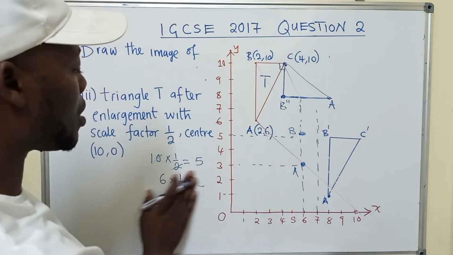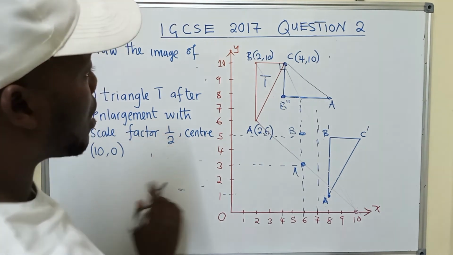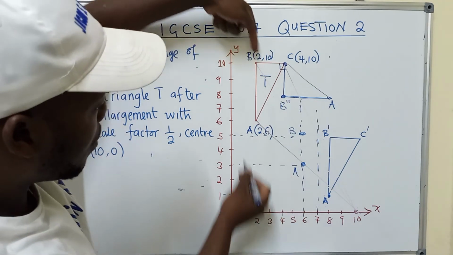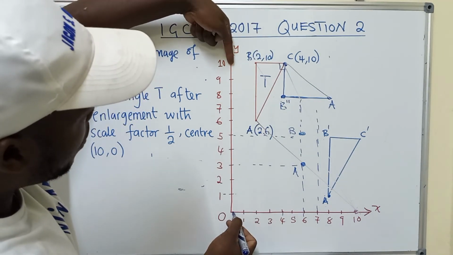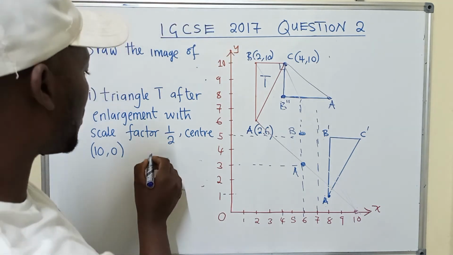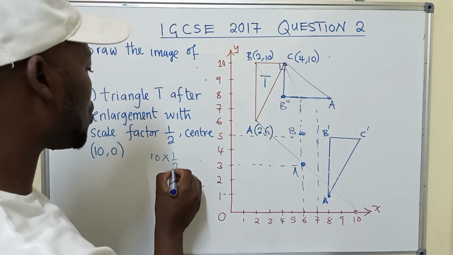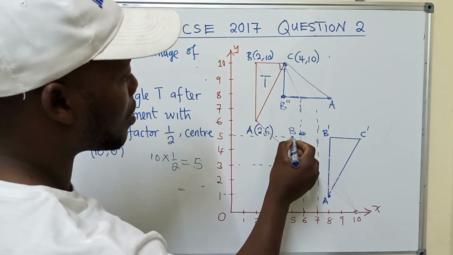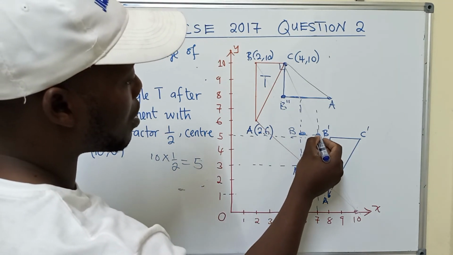Hopefully you're following what is happening. Again, where point C is along the y-axis, when you check, it's from 0 to 10. It will be 5, because 10 times 1 over 2 will be equal to 5. So you go to where 5 is, right here. Where they're meeting, it's over here.